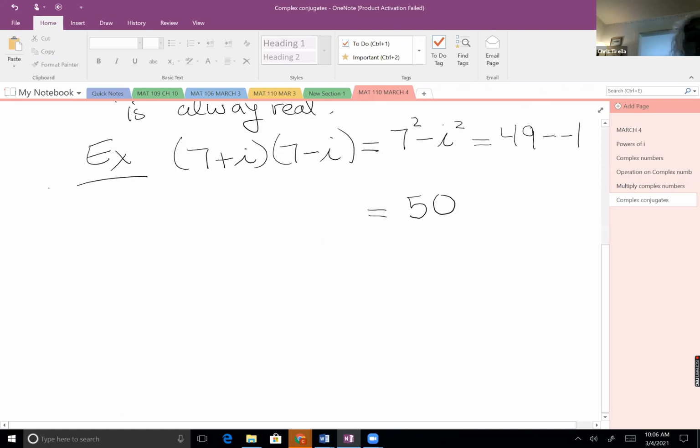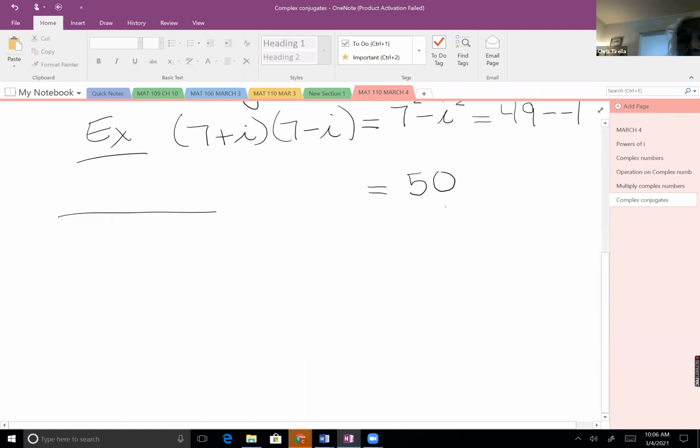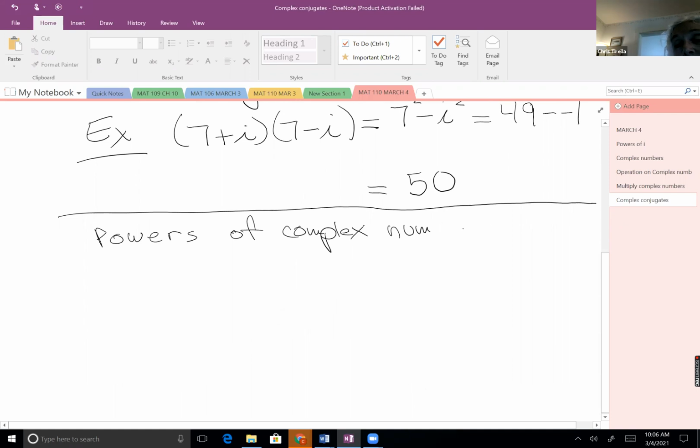Where you do have to be careful when you're working with complex numbers is looking at the powers of complex numbers. When I say powers of complex numbers, I don't mean like superhero powers. I mean like raising a complex number to a power, putting an exponent on a complex number.